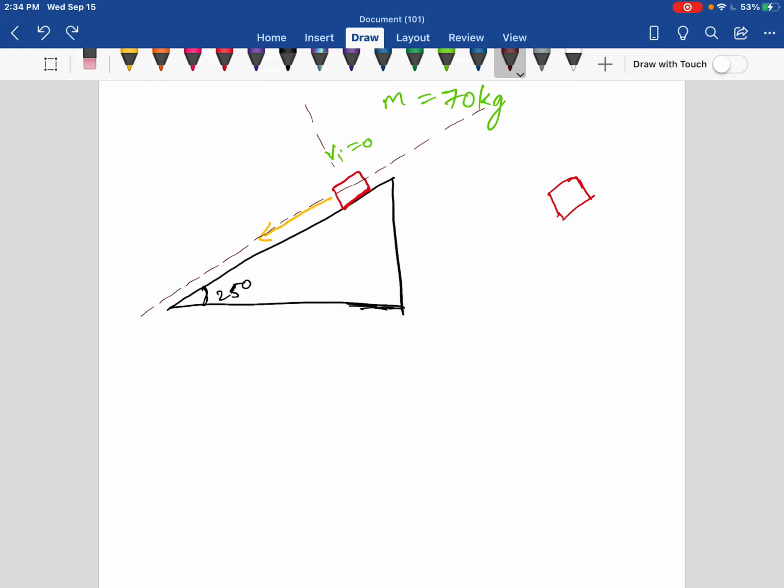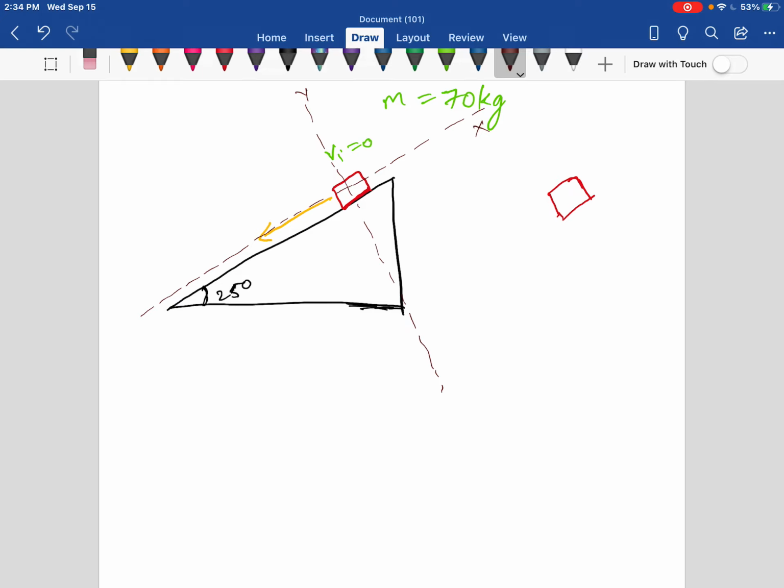Let me just draw that a little better. Okay, that is my y-axis and this is my x-axis. Now the object is going left, so it is in the negative x direction, and the up direction is just y.